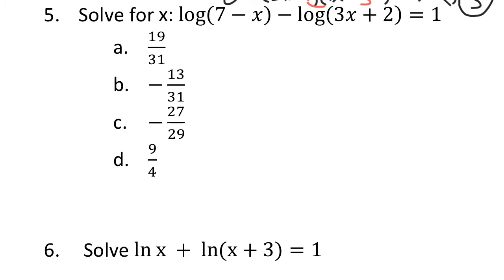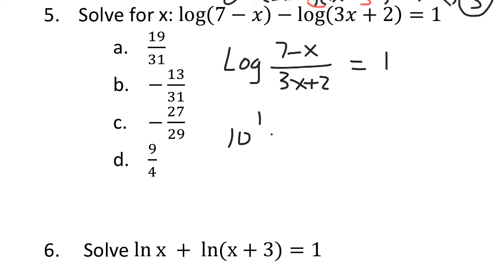Okay, on number 5 here, we're going to put together the two logarithms into a single logarithm. So it'd be log of 7 minus x over 3x plus 2 equaling 1. And then I'm going to turn this into an exponential. So 10 to the first equals 7 minus x over 3x plus 2. I'll multiply both sides by the denominator 3x plus 2.